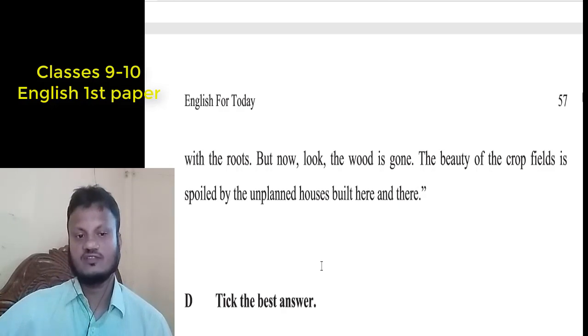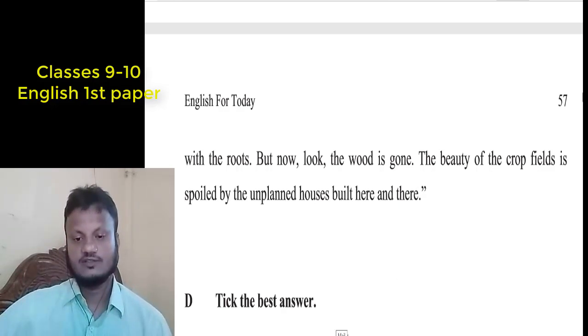The beauty of the crop fields is spoiled by the unplanned houses built here and there. Dear learners, we already have read about the pests, and we also have got some important information.